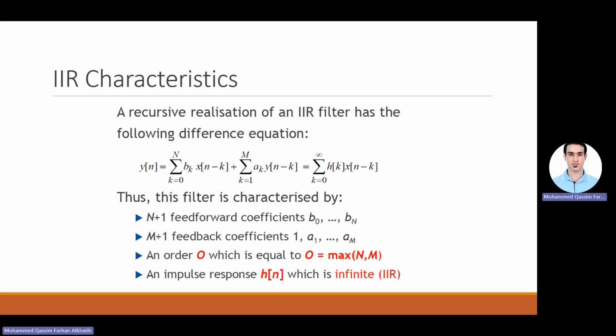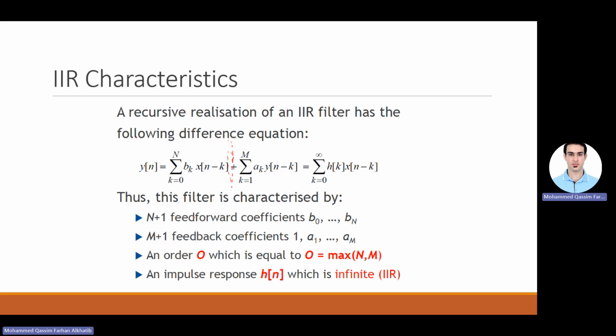Okay, some characteristics. Here is the general expression of an IIR filter. If you remember, this is the part of FIR: you have a sum, k equals 0 to n, and these are the coefficients for the FIR filter. However, when you add delayed versions of y of n, then you will get this IIR structure. So it is characterized by the following.